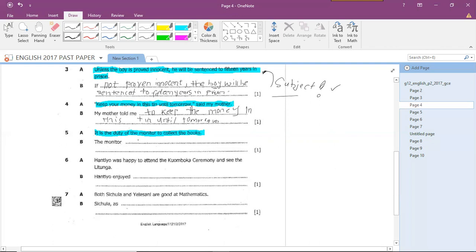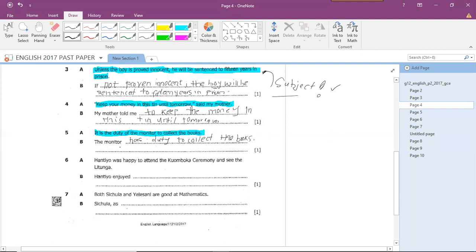The monitor has duty to collect the books. So if you want here, you can also put the.